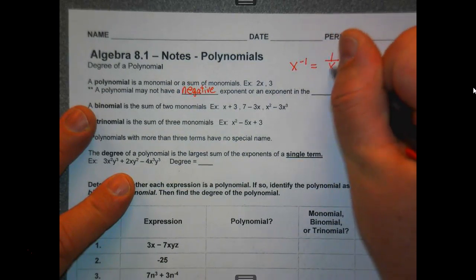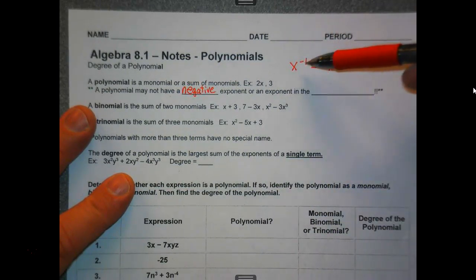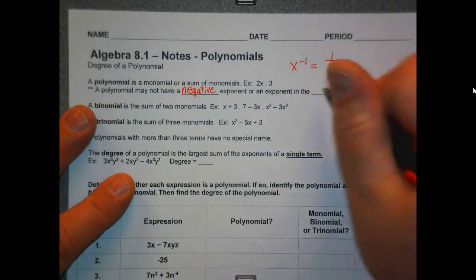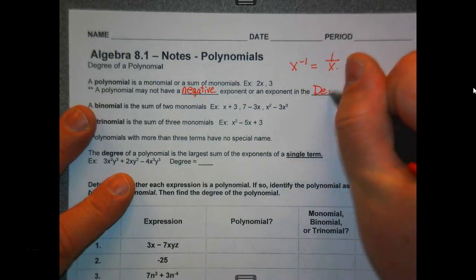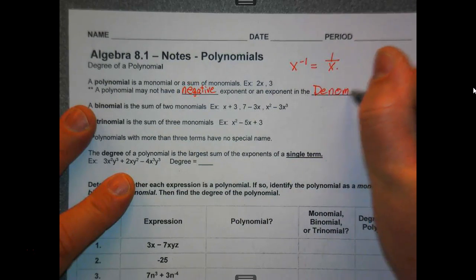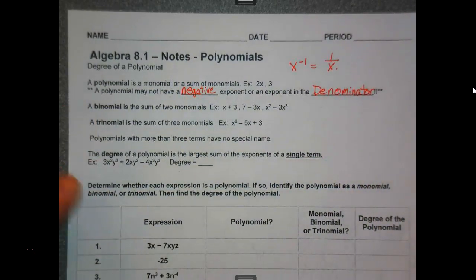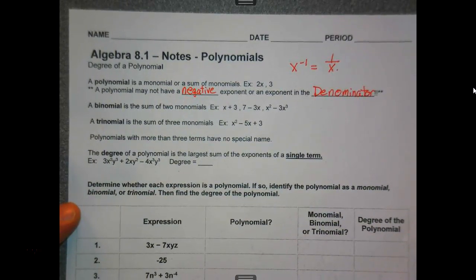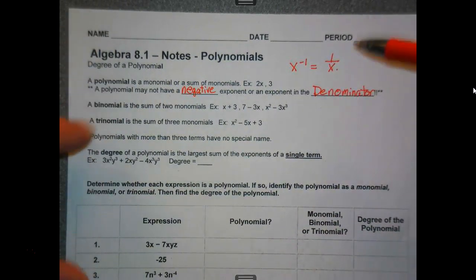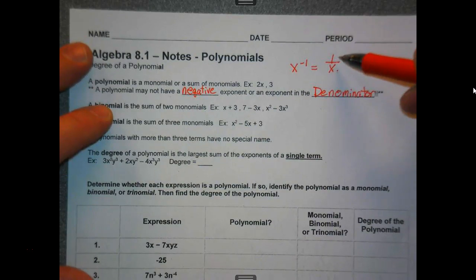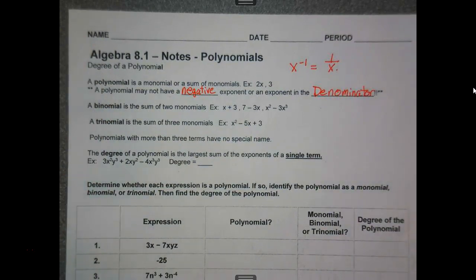So that's 1 over x. So I can't have a negative exponent or an x in the denominator, right? Oh, denominator's bottom, numerator's top. I'm sorry. Yeah.